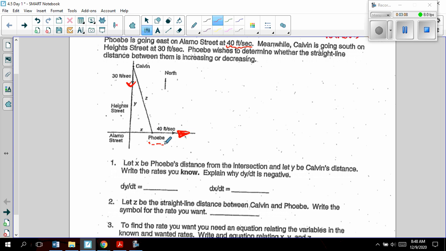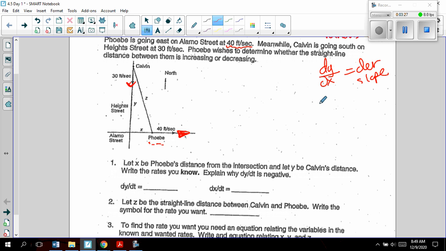Okay. Now, I look here and I see that I've got this dy/dt, dx/dt, and it's like, what are those? Okay. Well, remember, dy/dx meant derivative, which means slope.